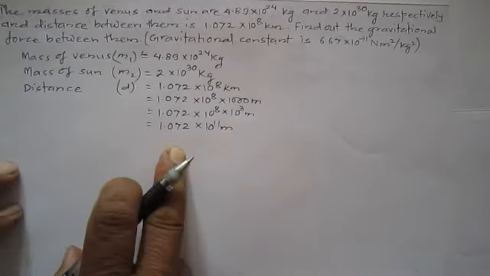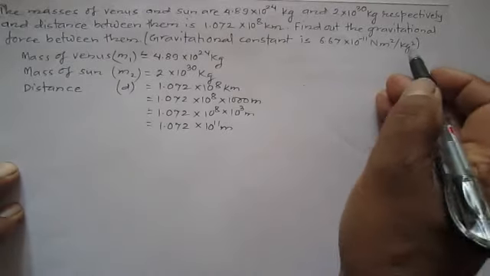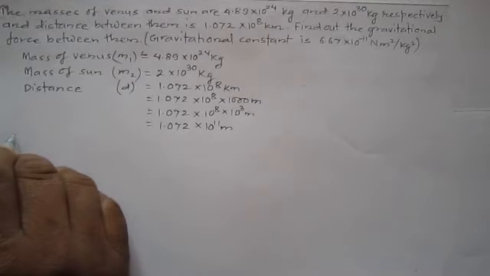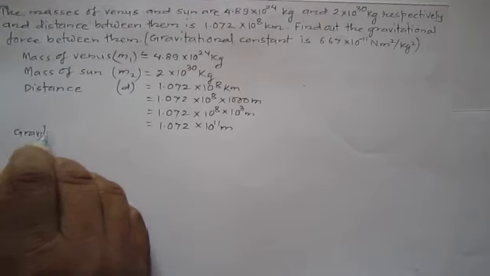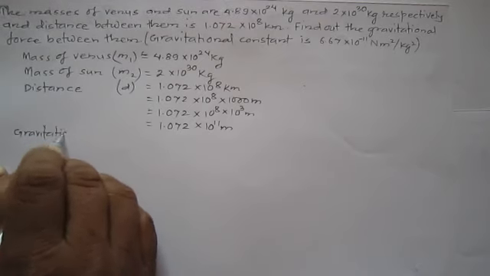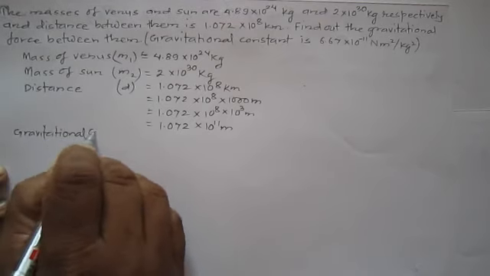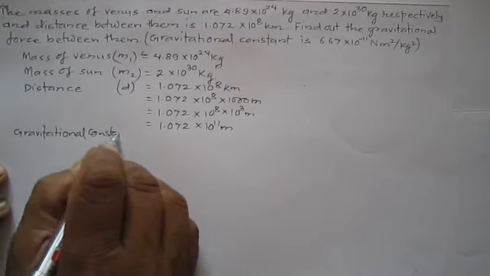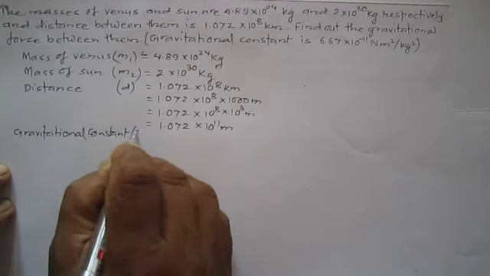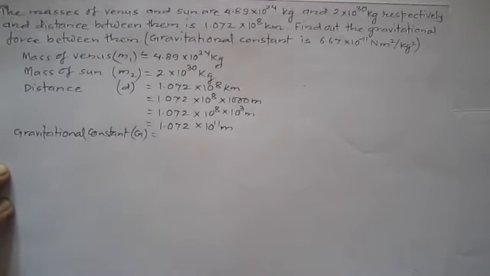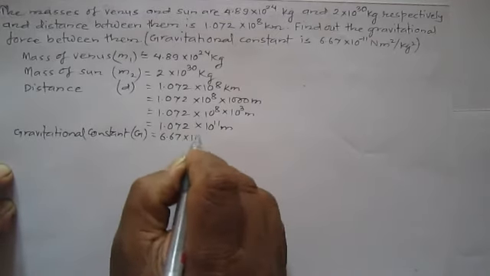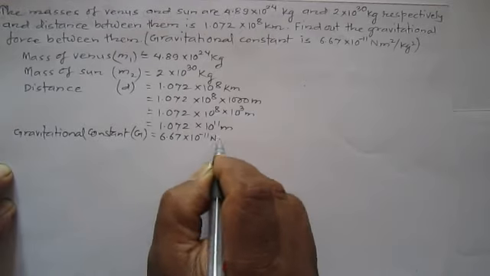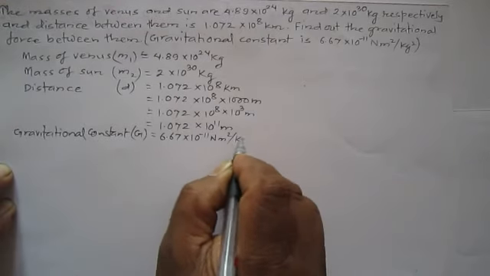Now after this, the gravitational constant is also given in the numerical. That's why we are writing the gravitational constant. And this gravitational constant is always denoted by capital G, and this is equal to 6.67 into 10 to the power minus 11. Its unit is Newton meter square by kg square.